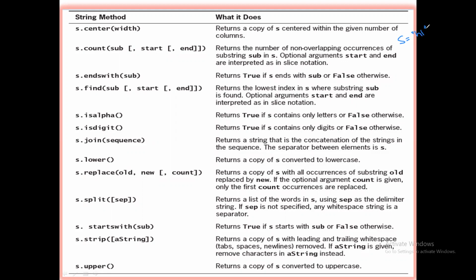Now, while displaying, I want to print this string with a specified width, because the length of this particular string is 2. I want to print it with a width of, for example, 8 characters. Then what I will do is call the method center, s dot center of 8.